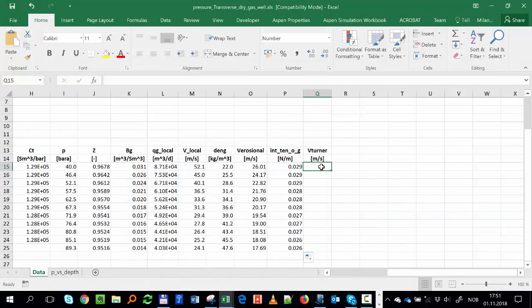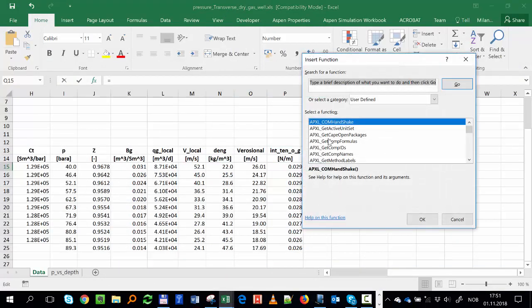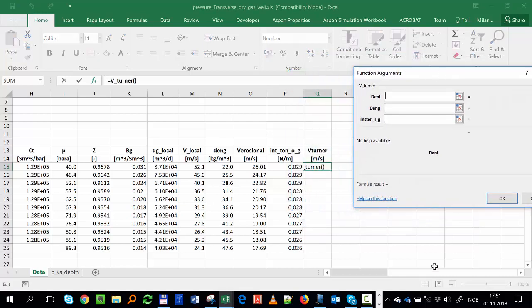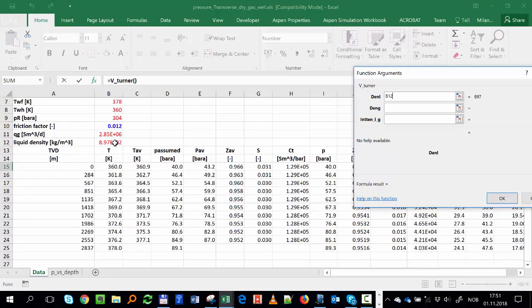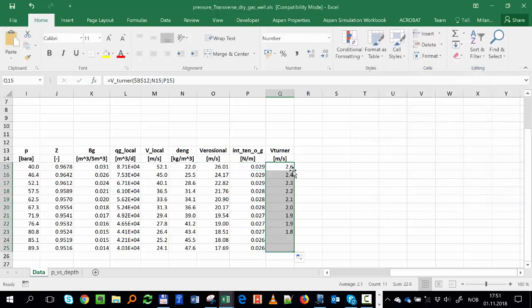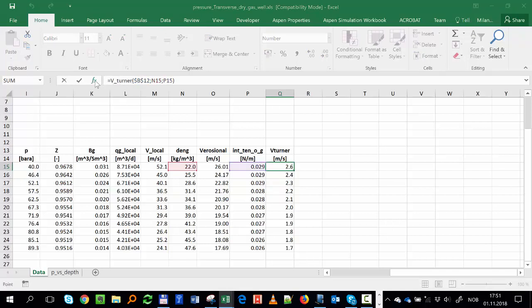So how to call it here? V Turner, density of the liquid, I block it. The density of the gas is this one, and interfacial tension, this one. It's V Turner, yeah, the expression.